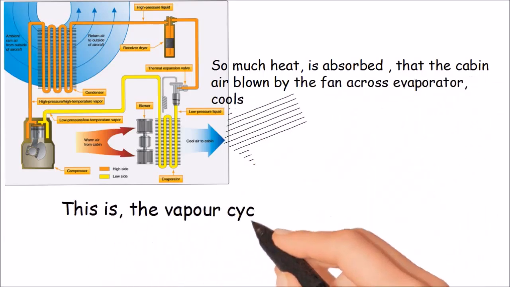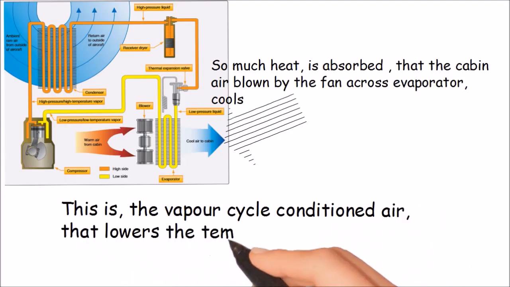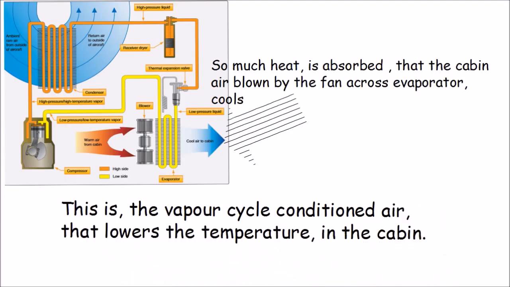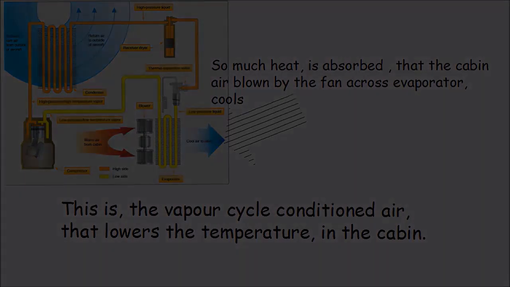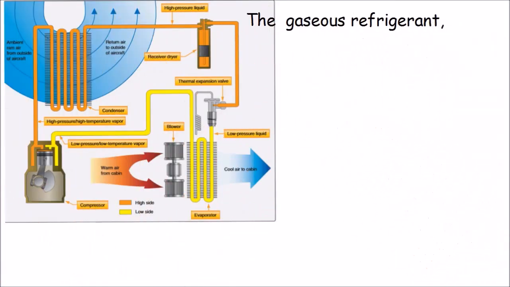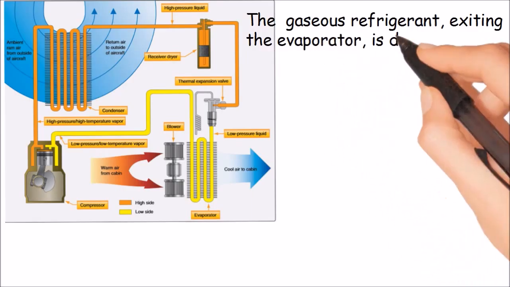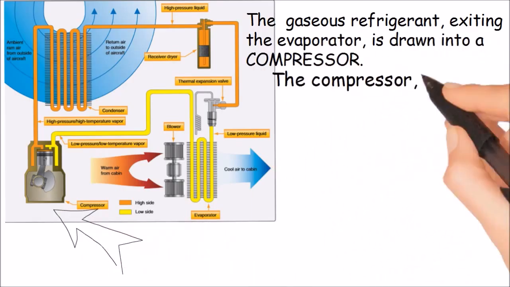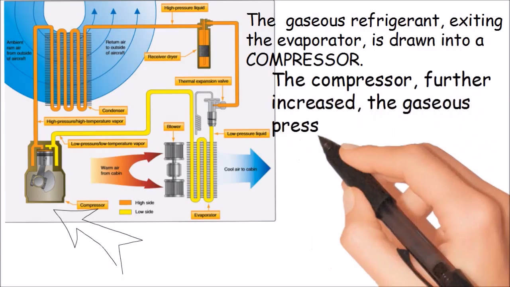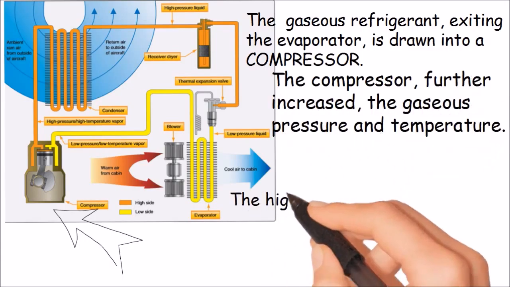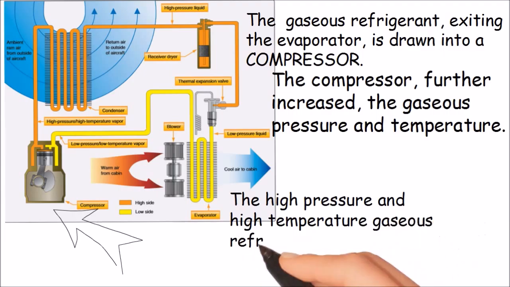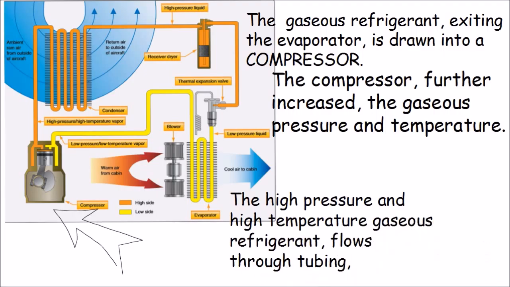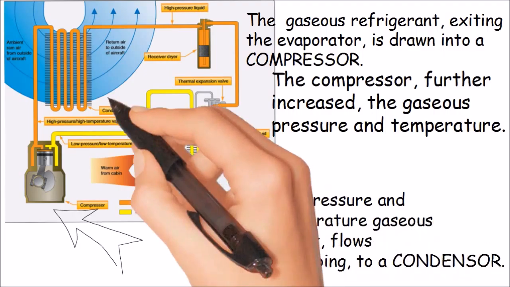This is the vapor cycle conditioned air that lowers the temperature in the cabin. The gaseous refrigerant exiting the evaporator is drawn into a compressor. The compressor further increases the gaseous pressure and temperature. The high pressure and high temperature gaseous refrigerant flows through tubing to a condenser.